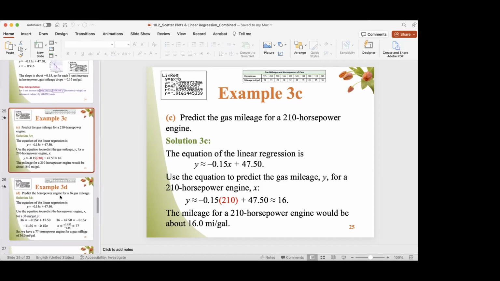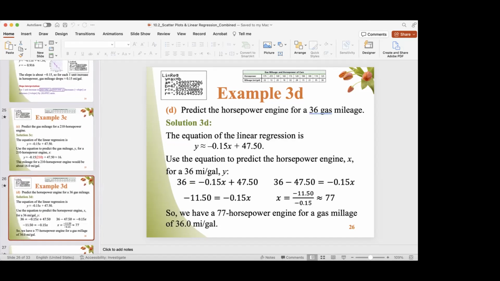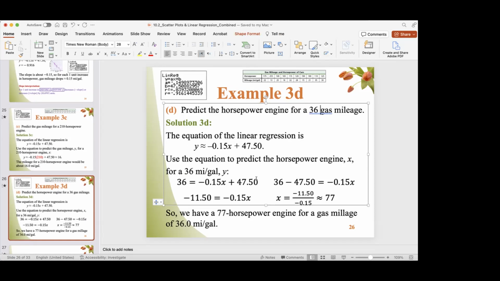Then in part D, I ask you to predict horsepower, which is your X. I want you to predict X if gas mileage is 36, if Y is 36. So I replace Y with 36, and I'm solving this equation for X. 36 equal to negative 0.15x plus 47.50.